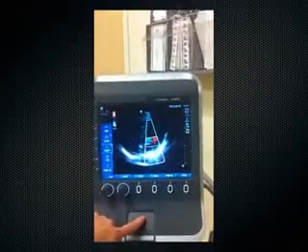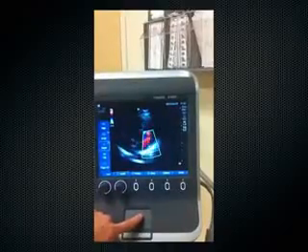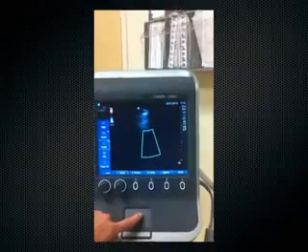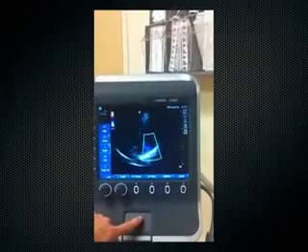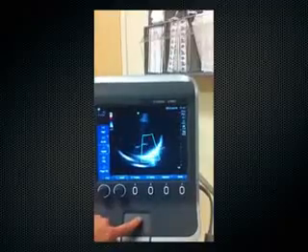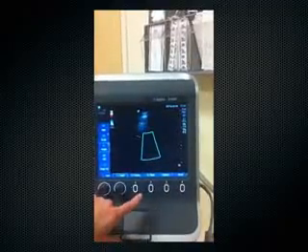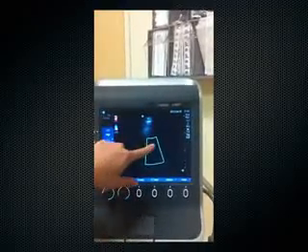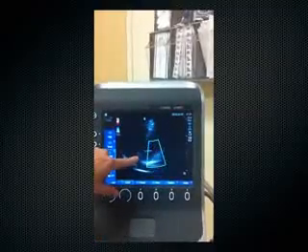And what we'll see is flow through the mitral valve. What you see also here is the aortic outflow tract, and that's actually a 5-chamber view right here.